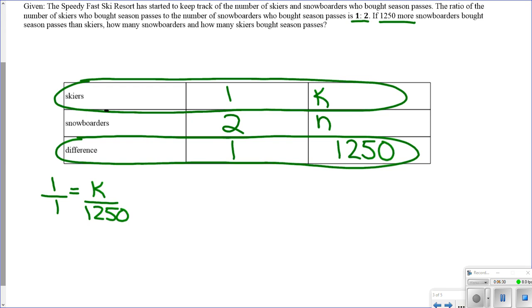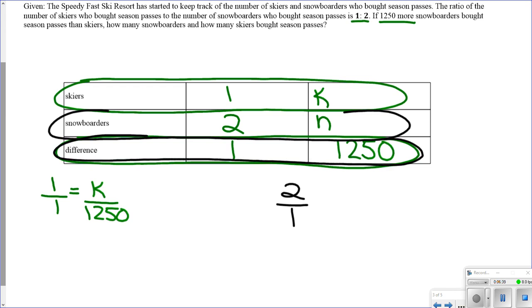The next information for the proportion is 2 over 1 equals N over 1,250.